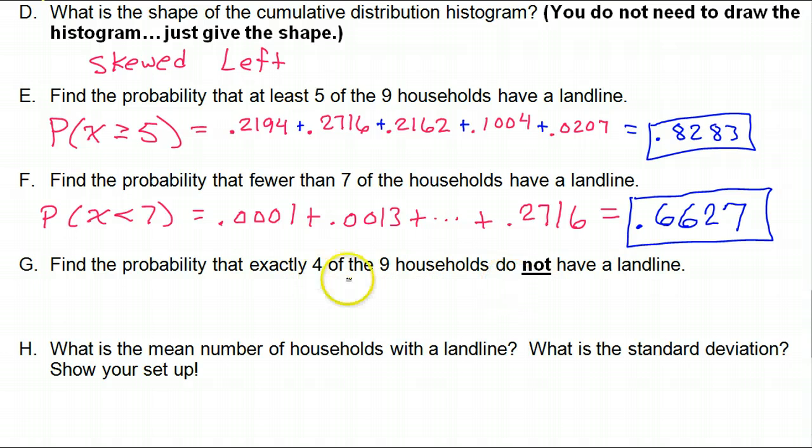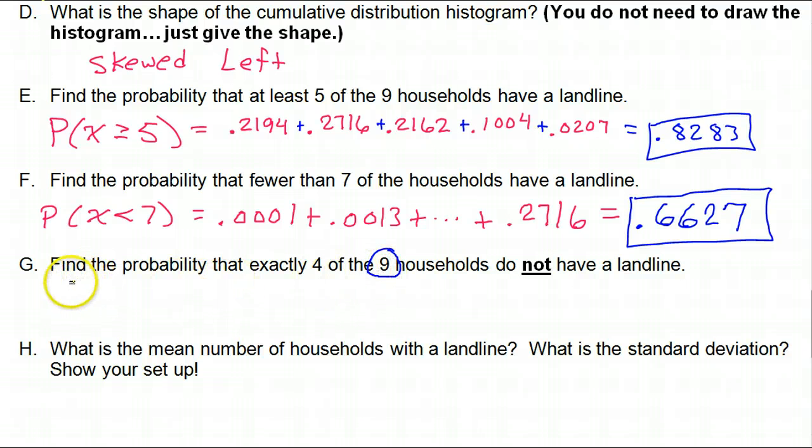But the total is 9. So if exactly 4 households do not have a landline, how many do have a landline? Out of a total of 9, if 4 don't have a landline, that means 5 do.